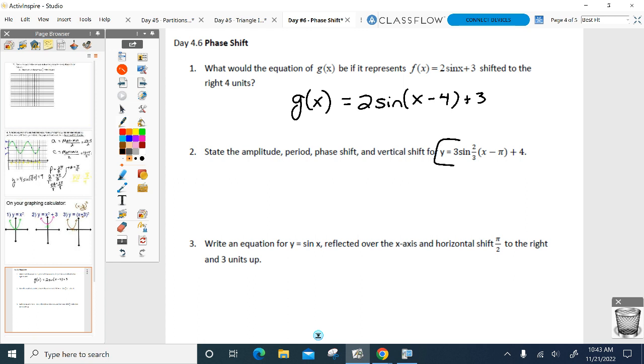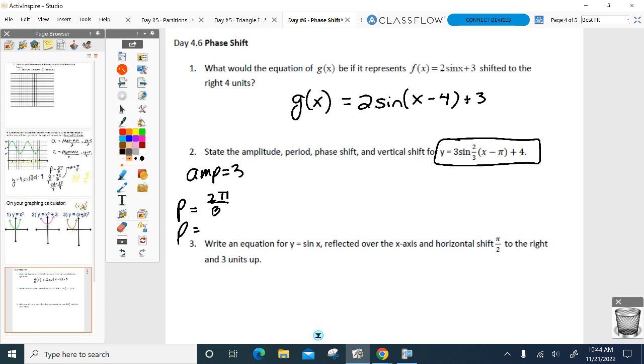All right, look at this big beast here. Looks intimidating, but we'll chew it up and spit it out. Amplitude: 3. Period. Still need what formula? 2 pi over b. That b is still in the same place it's always been. What's the b value? 2/3.